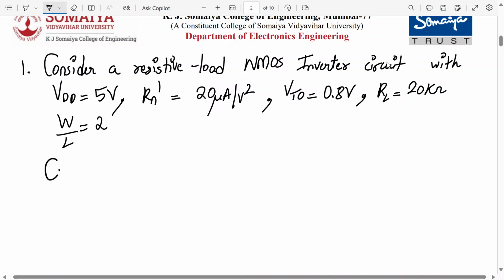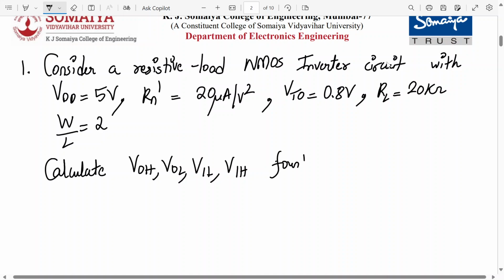Okay, calculate VOH, VOL, VIL, VIH found on the VTC curve.